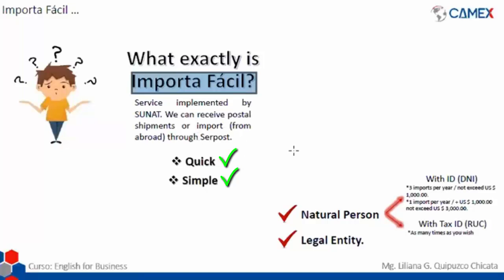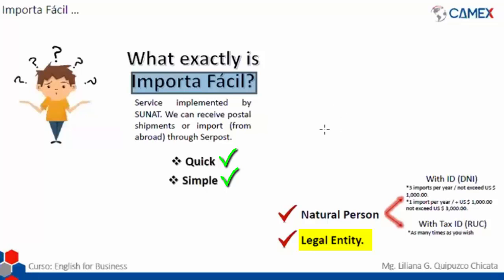Okay. Now, to use Importafácil, you can be a natural person or a legal entity. It doesn't matter. If you're a legal entity, when you buy, you have to send your supplier the company's legal name and also the RUC, the tax ID, which in Spanish in Peru is RUC.